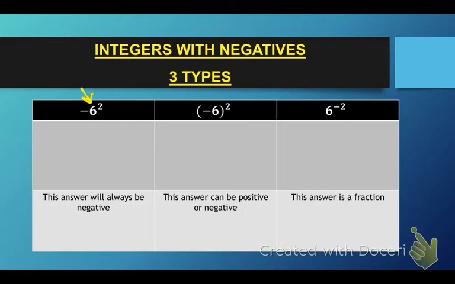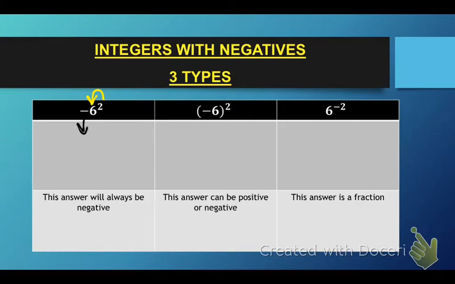One of the things you need to know about exponents is the exponent only takes the number that is directly next to it into exponential form. So this is just working with the 6. So we're squaring 6. Okay? Now, that means we're going to take 6 squared. And 6 squared is 6 times 6, which is 36.